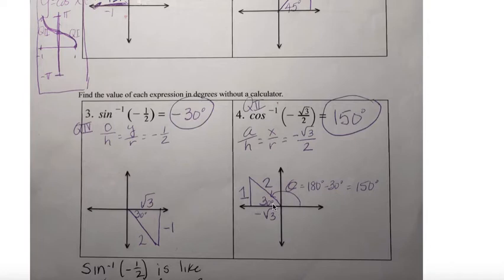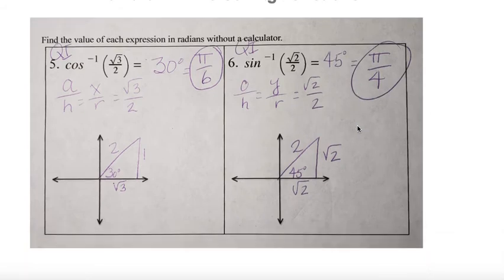X-coordinate or adjacent is going to be negative root 3, and the radius or the hypotenuse is going to be 2. And again, that happens on a 30, 60, 90 triangle. That means this must be 1, and opposite the 1 is the 30 degrees. So the reference angle here is 30 degrees. So what we have here is the angle measure we're looking for has a terminal side here. So that's 180 degrees minus the 30 degrees, or 150.